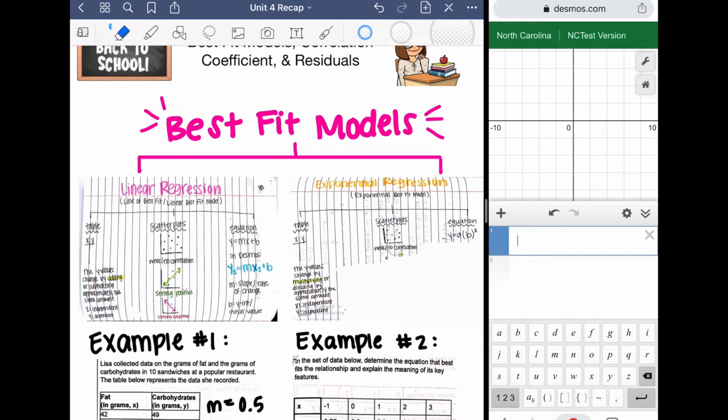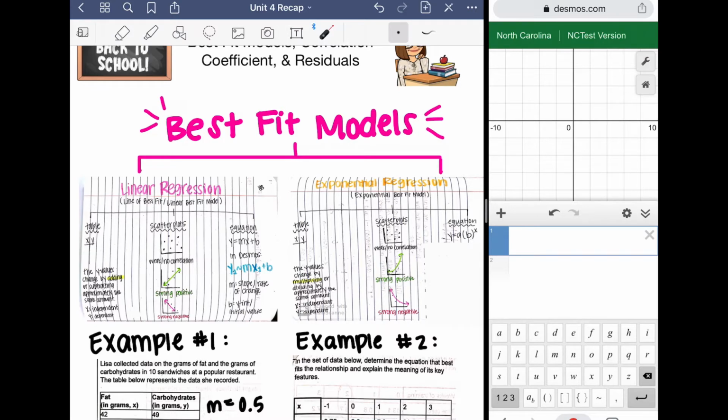Then for the scatter plot or the graph, you have three options for what that could look like as far as the relationship between x and y. Again, if it is just completely scattered about randomly, we say that is weak or no correlation, so it's not linear or exponential. There is no real relationship between x and y.